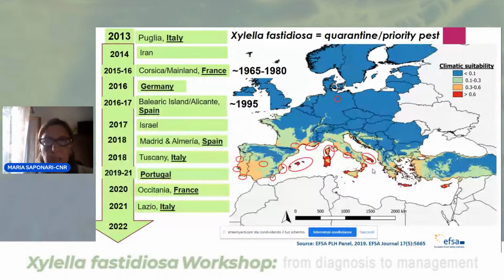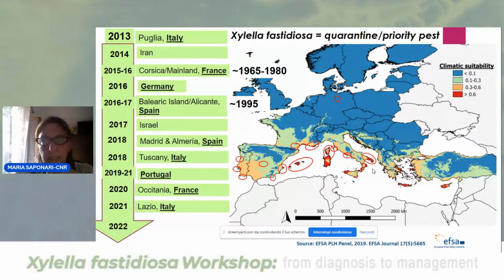In France, and especially in Corsica and in the Balearic Islands, based on the genetic information that colleagues have developed with the new tools now available, the introduction dates back several decades before the discovery in Italy.